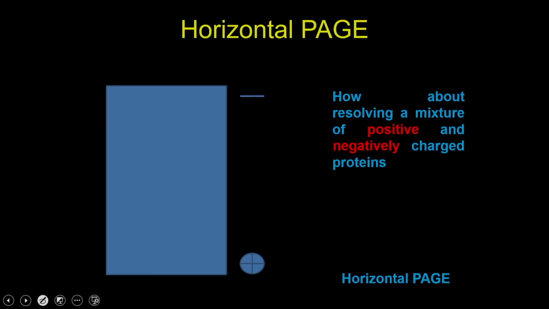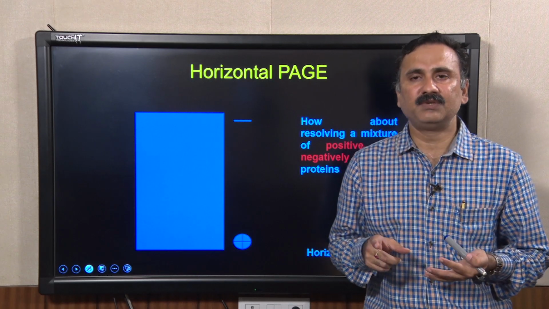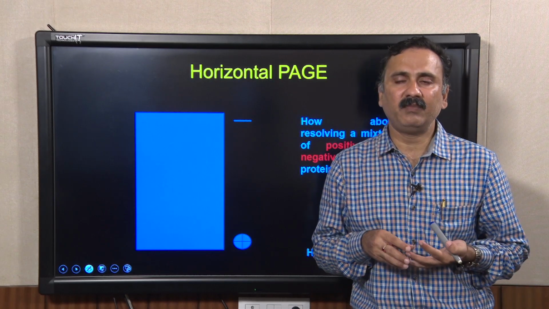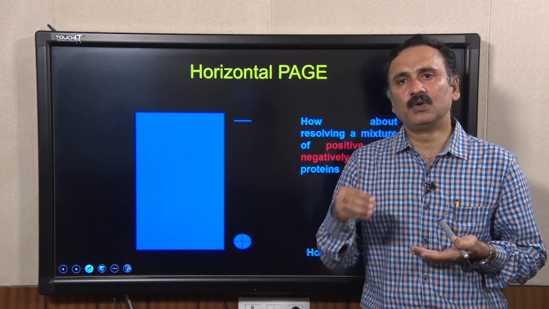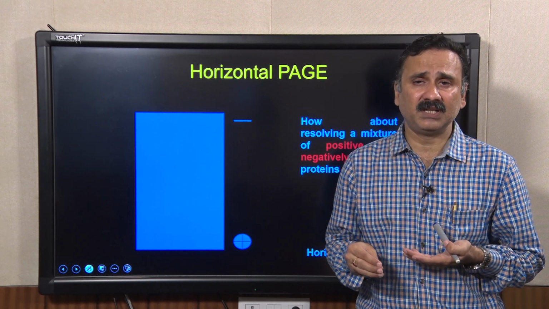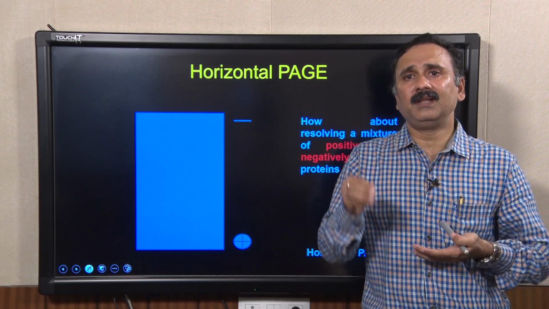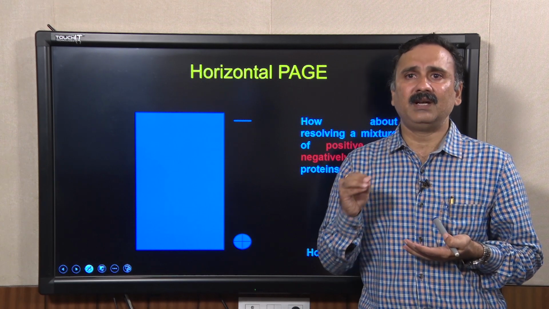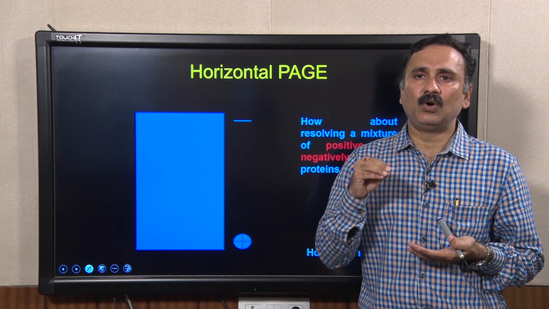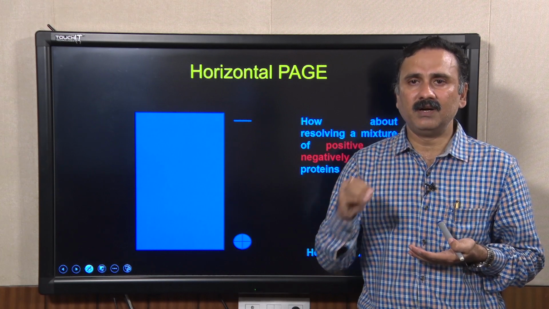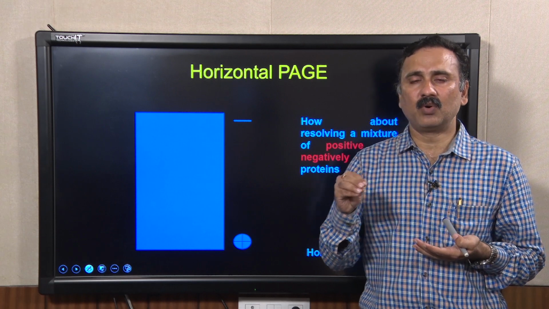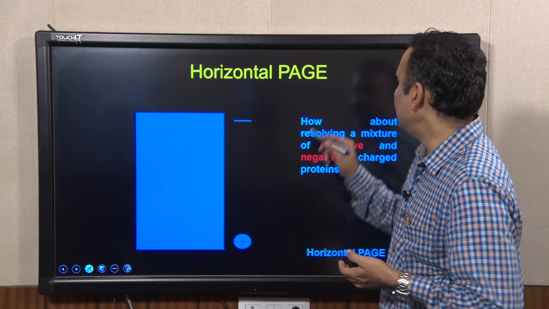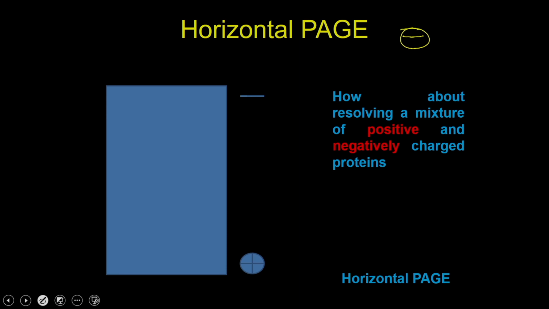Now, we have discussed the native PAGE, the SDS-PAGE, the agarose and acrylamide gels, and also 2-dimensional gel electrophoresis. The limitation of the native PAGE is that it is always governed by the intrinsic charge of the particular protein, which means if the protein is negatively charged, it is going to run as per the negative charge.